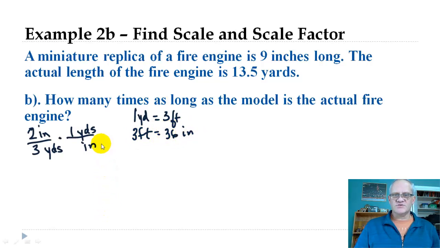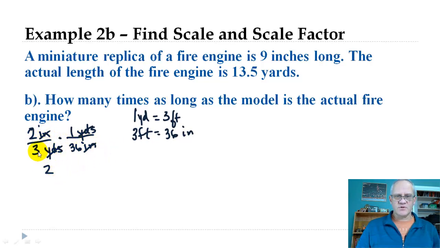Does that make sense? So what I have to multiply this by is, for 1 yard, there are going to be 36 inches in that yard. So this is what I'm going to multiply by, so that yards will cross out yards, inches will cross out inches, and then on the top, I just go 2 times 1 is 2.